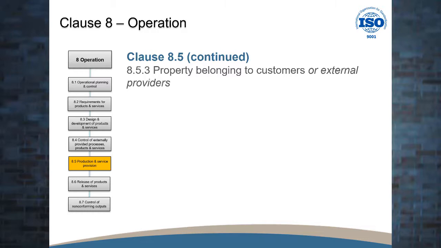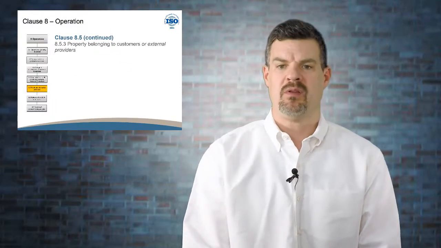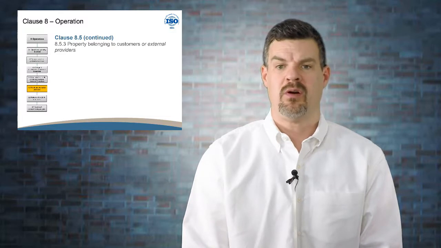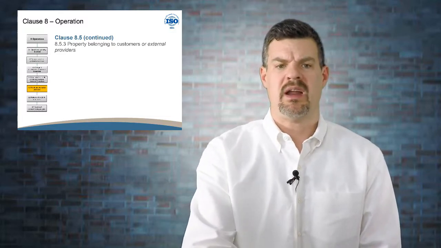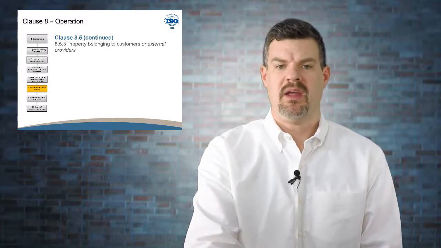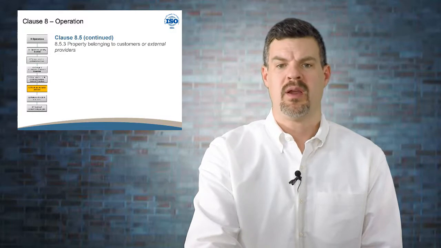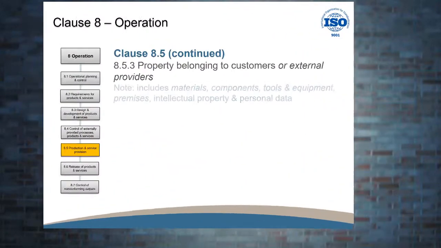8.5.3, property belonging to the customer. So this is where we saw a little bit of customer-owned property in the 2008 version. Now it's saying belonging to customers or external providers. So you may have some property that belongs to a supplier of yours, or it might belong to contract labor. So how do you keep track of that property and control it and bring it into this definition of controlled conditions?